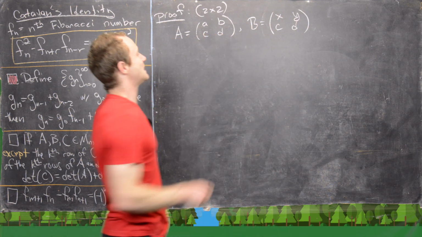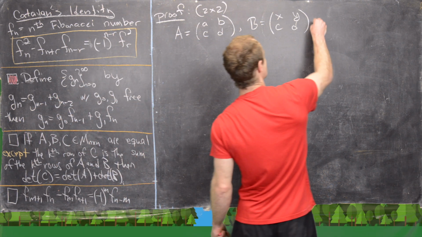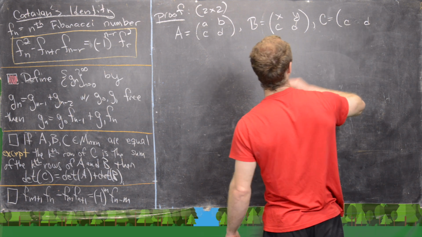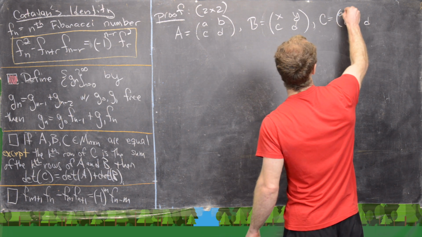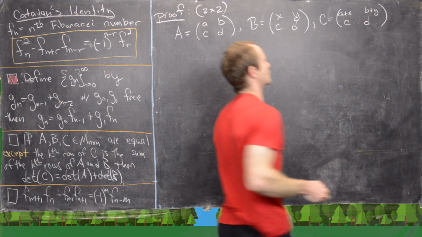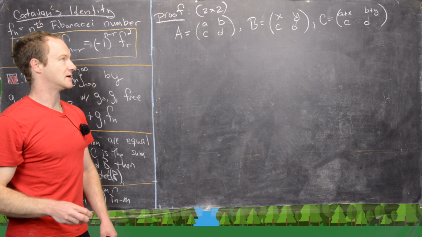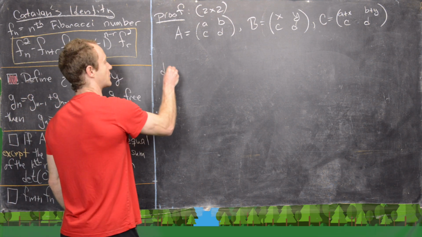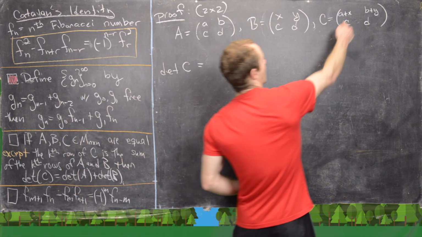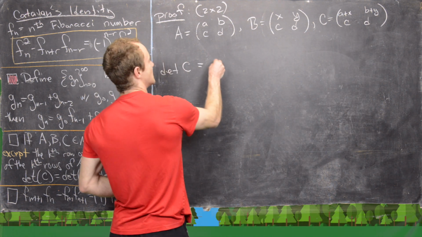So notice A and B are exactly the same except for the first row. And now C needs to have the same second row, so we'll call this CD, but then the first row is A plus X and B plus Y. So notice the first row of C is equal to the sum of the first rows of A and B. Now let's go ahead and calculate the determinant of C. So we'll just use this A plus X times D minus B plus Y times C formula.